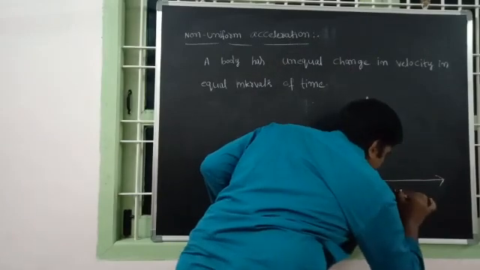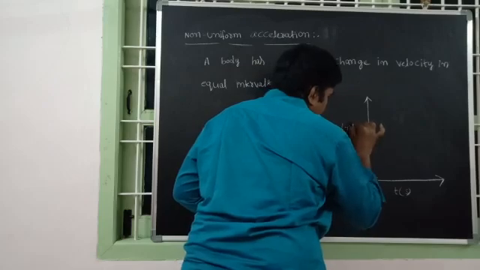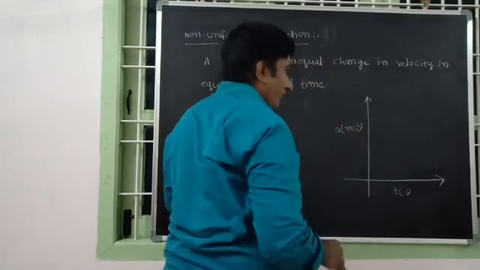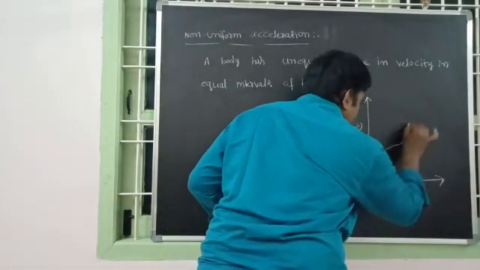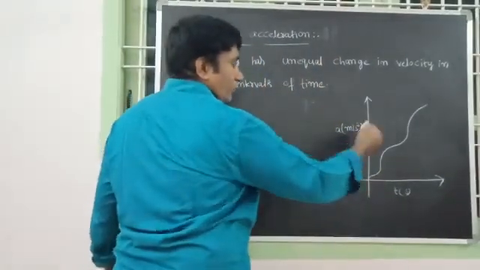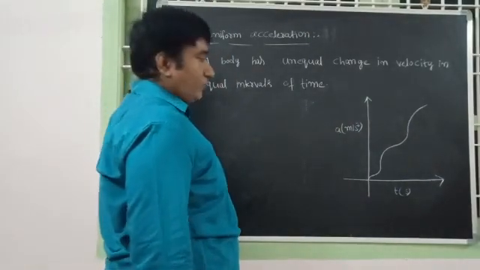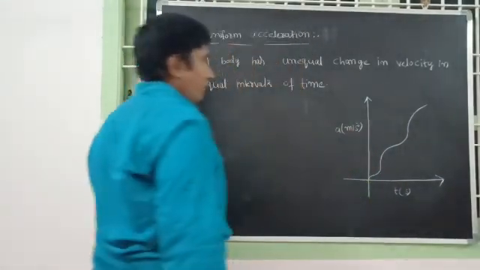This is the time in seconds, this is the acceleration in meter per second square. Here, this acceleration will not be uniform.